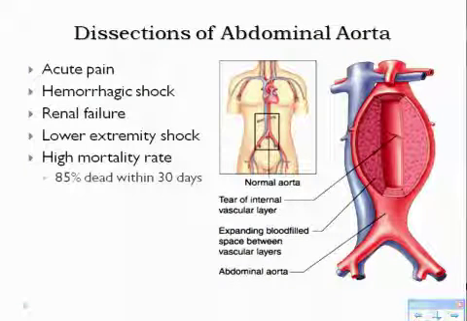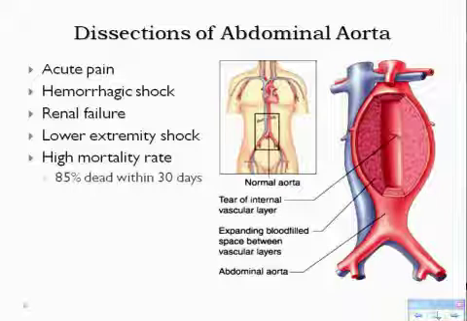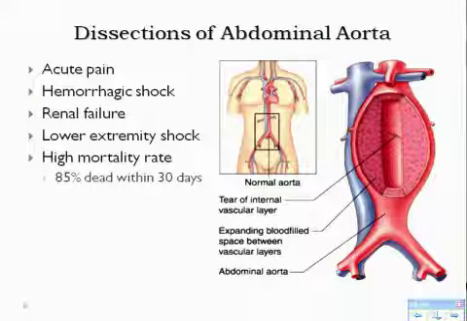Dissections of the abdominal aortic wall are pretty bad. When that happens, you get acute pain. These usually are very symptomatic because you have so many surrounding visceral structures in there. The person usually goes into hemorrhagic shock. Renal failure can develop very quickly. You get lower extremity shock. Literally, when you see somebody with an abdominal aorta that's ruptured and dissected, they'll have a cutoff line.